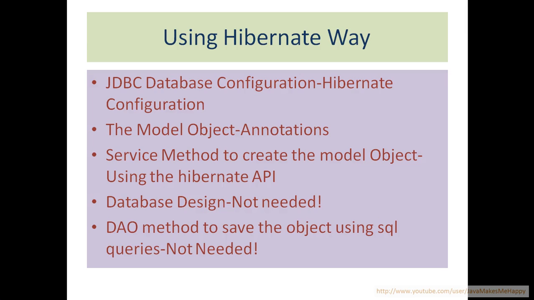Now for the service method to create the model object, you can instantiate the service method by using the Hibernate API. The Hibernate API provides support to create the model object, or the object you want to create, and for that model object you will have the privilege to create the service method by using that Hibernate API.